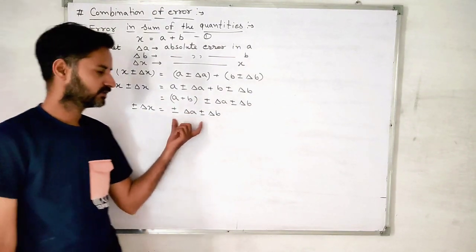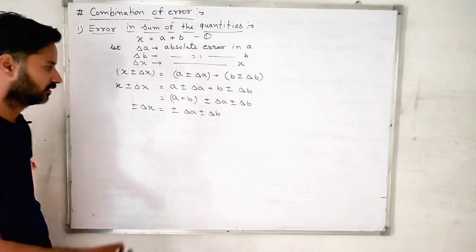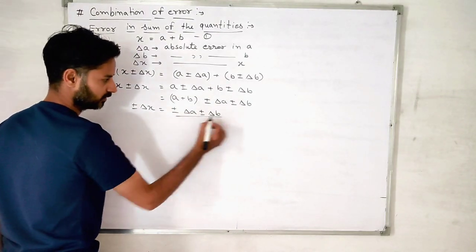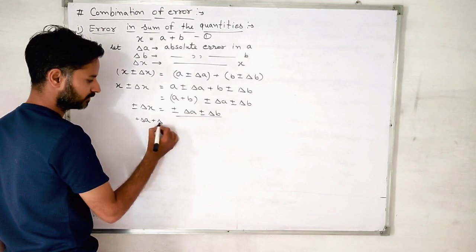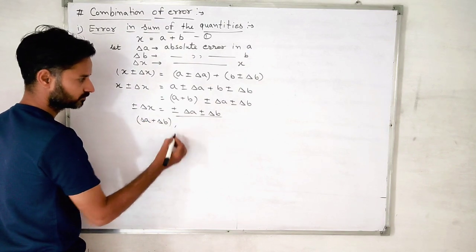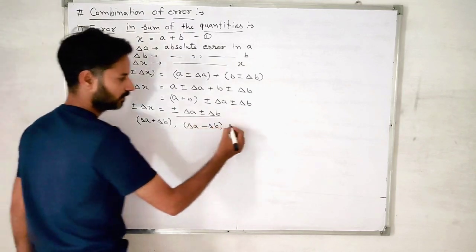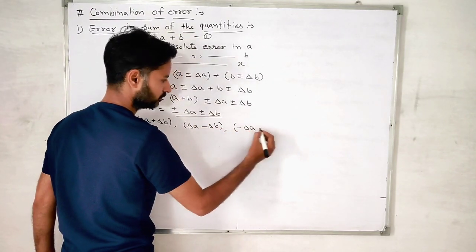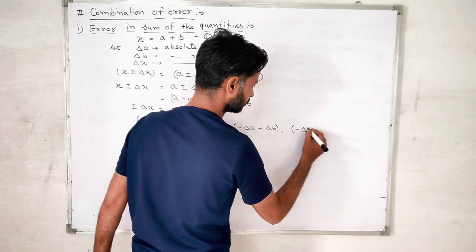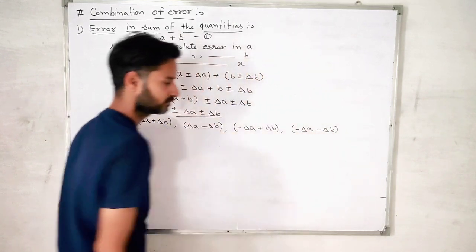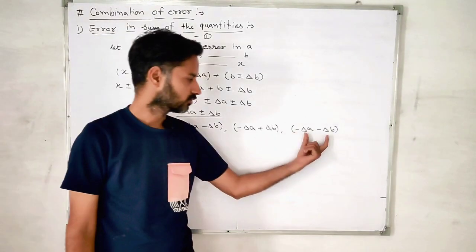Now, if we choose the signs, we can have four possible values: plus del a plus del b, plus del a minus del b, minus del a plus del b, and minus del a minus del b. Here we can say clearly that this both are adding, this both are adding.